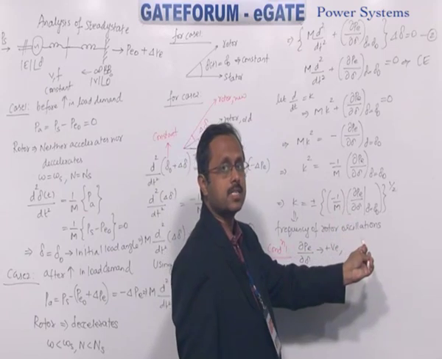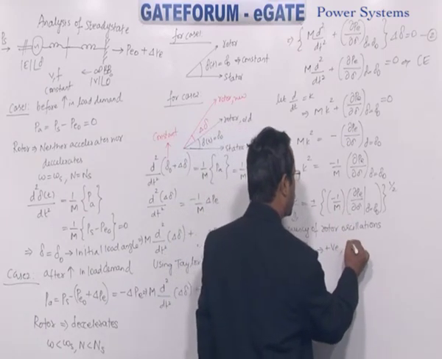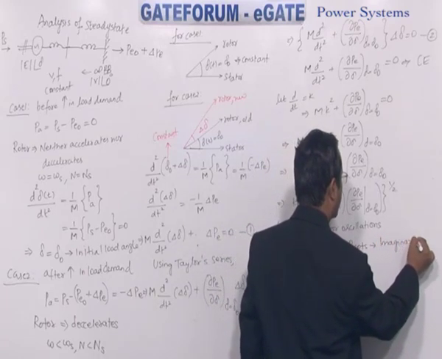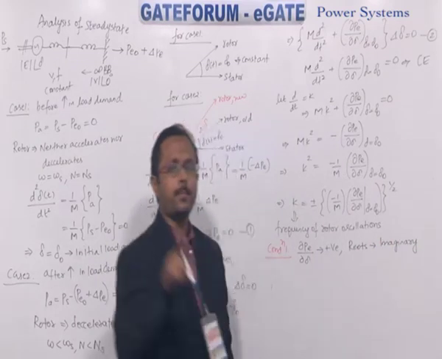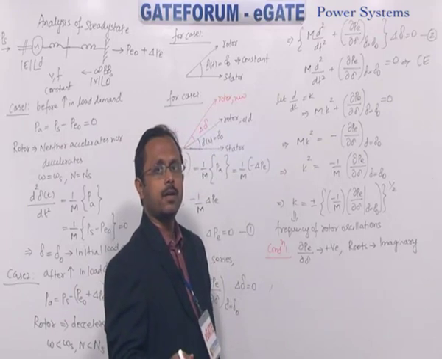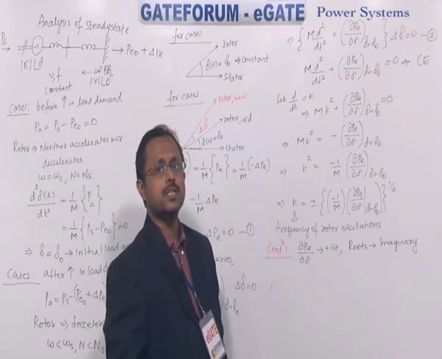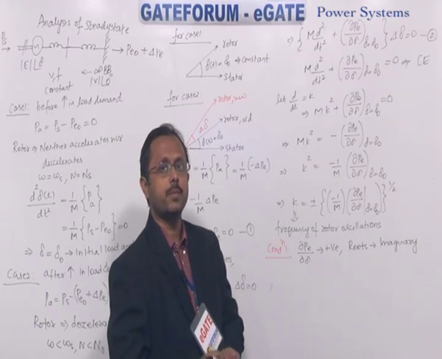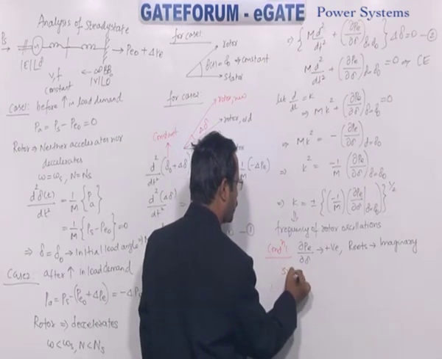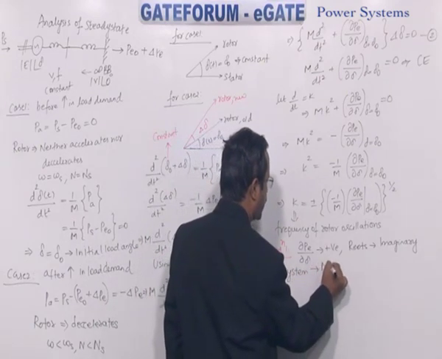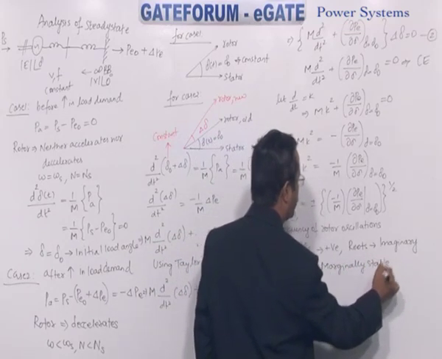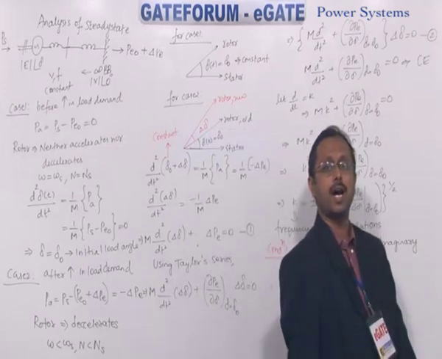You write plus or minus j3. So what about the nature of the roots? The nature of the roots are imaginary. So with non-repeated roots on the jω axis, what about the system? The system is marginally stable, or you say the system is undamped.